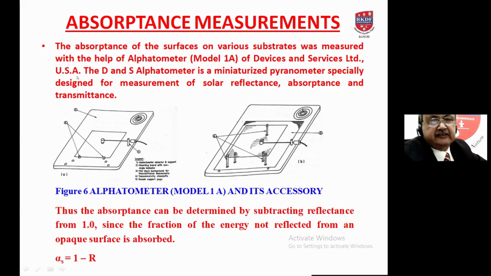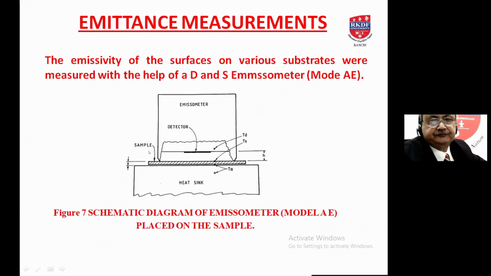We have purchased this device. The alphatometer is a miniaturized pyrometer specially designed for the measurement of solar reflectance, absorptance, and transmittance. From this, we have measured, and thus the absorptance can be determined by subtracting the reflectance from 1, since the fraction of energy is not reflected from the opaque surface body.